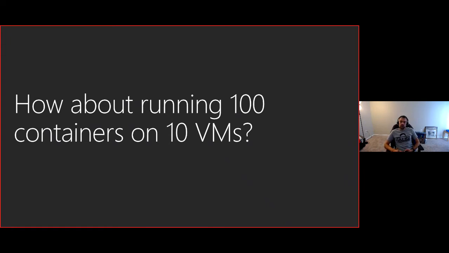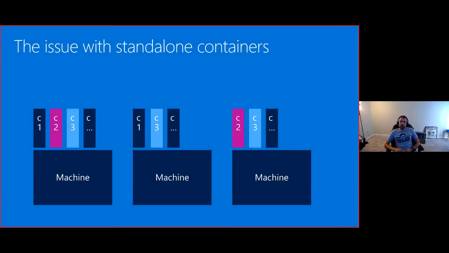And if you think about the issue with standalone containers, there's a number of things that can go wrong within a container environment. And what I have right here on this slide is just a quick example of a container environment where we have multiple instances of certain containers running on multiple machines.